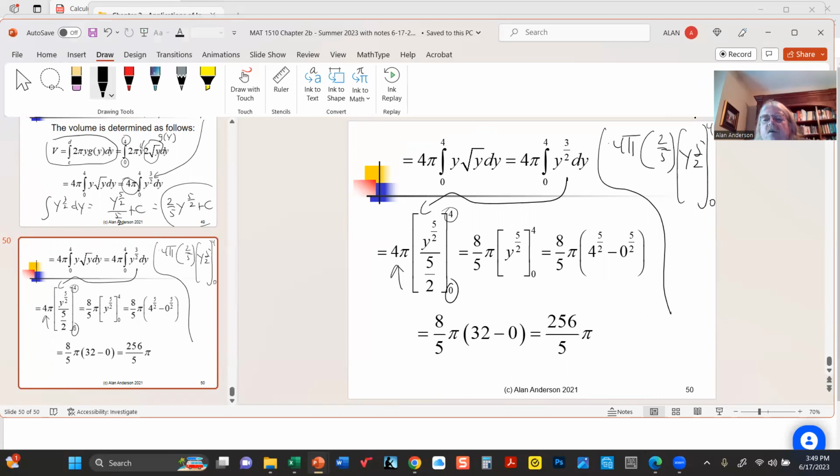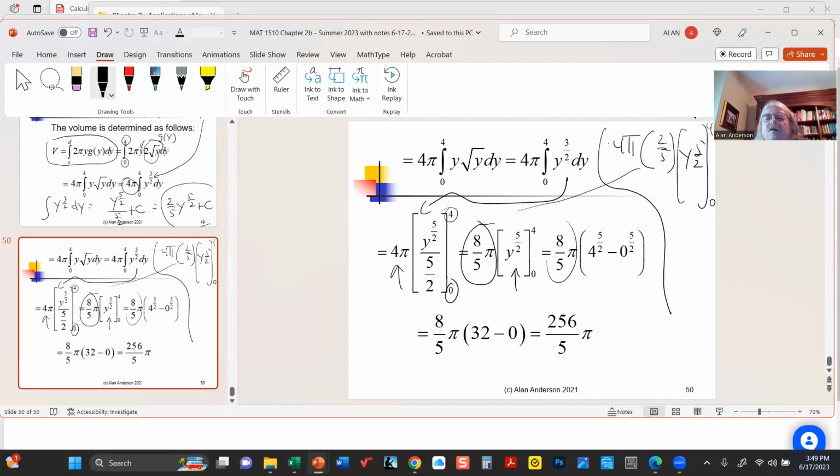And so now you've got 4 pi times 2/5, that's 8/5 pi. And then inside the brackets, we only have y to the 5/2 evaluated from 0 to 4. So the limits of integration are from 0 to 4. And so now you've got 4 to the 5/2 minus 0 to the 5/2.